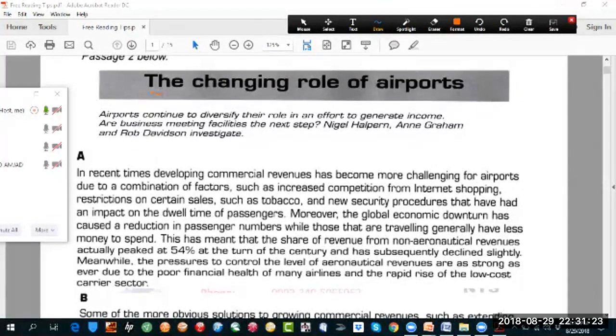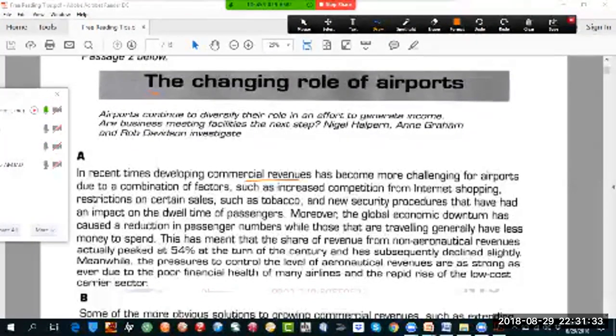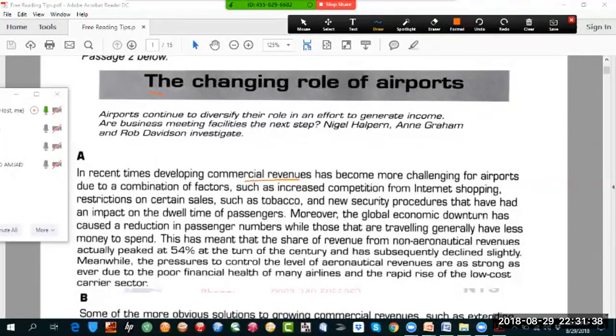They also generate revenue through these shops. But unfortunately, it says that this business revenue has gone down because of a number of factors. And among these factors, he is saying that new security procedures are one of the reasons.